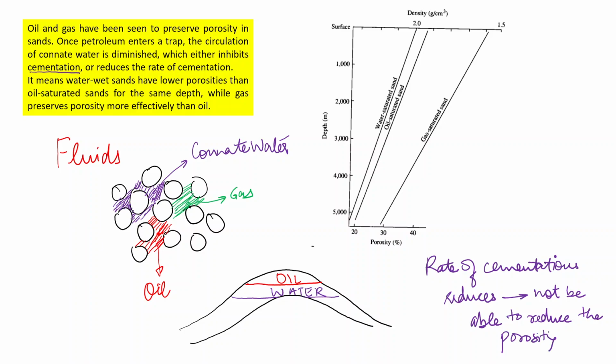So if the pore spaces are filled with hydrocarbons or petroleum, it helps in preservation of the porosity, because that will check the precipitation of the cementing material. It has been seen that water saturated sands tend to lose porosity faster than oil saturated sands, and gas saturated sands preserve porosity more effectively than oil.